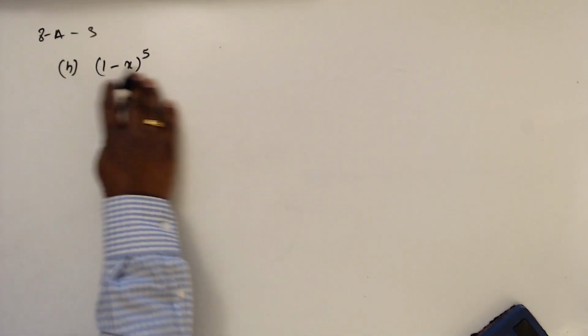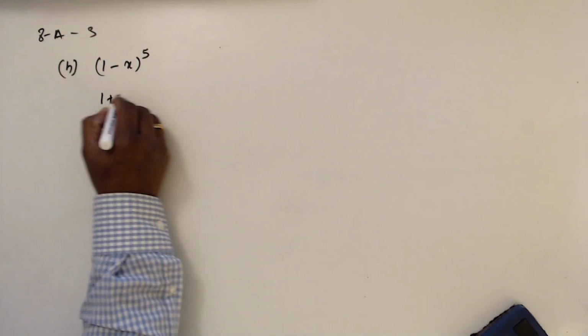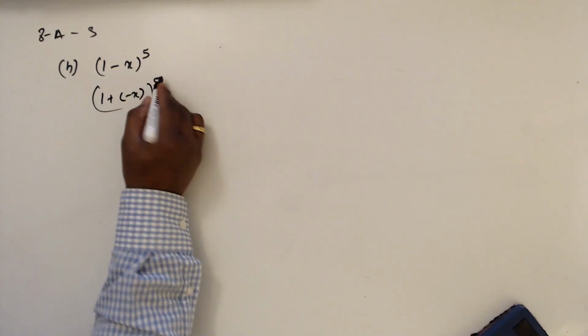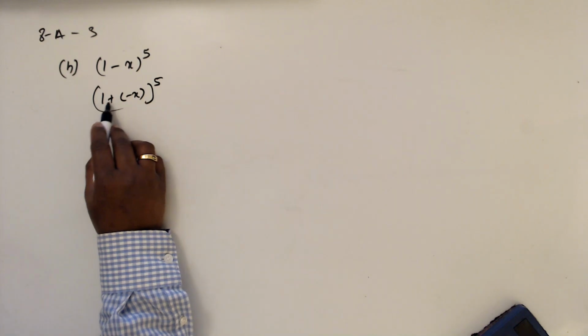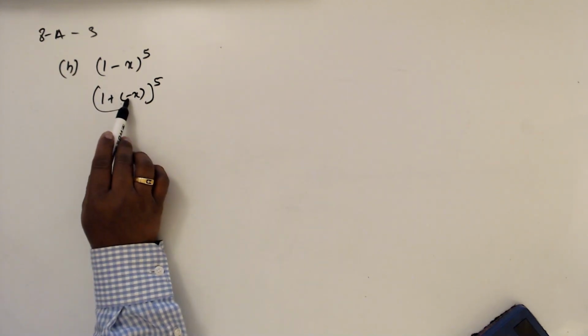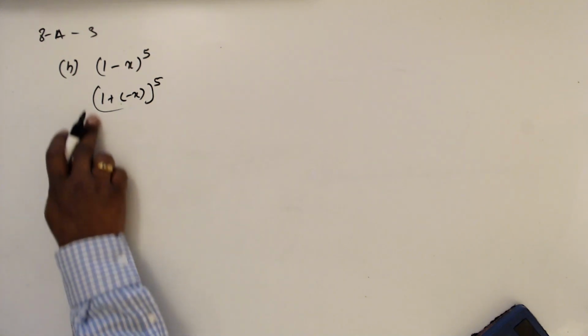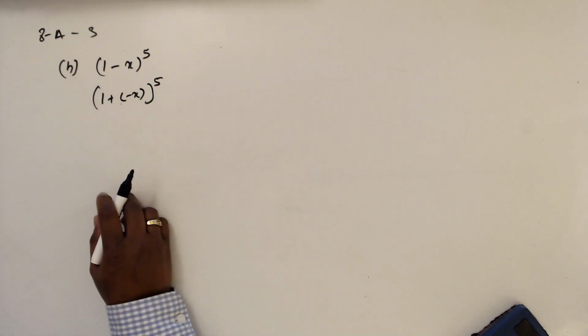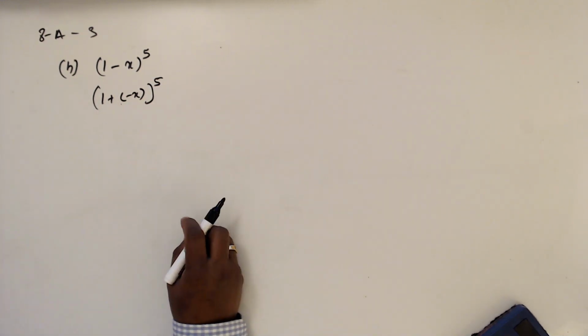We can't expand this one as it is. We have to write it like this: I write the expression in terms of positive, putting minus x in here. Now we have it in the right form: x is in the second term, the first term is 1.